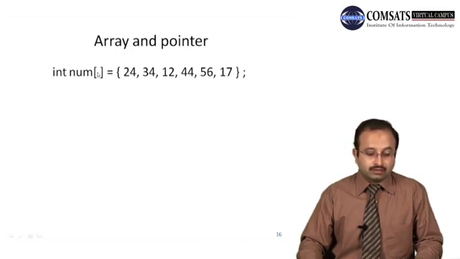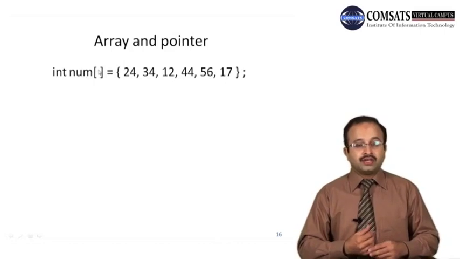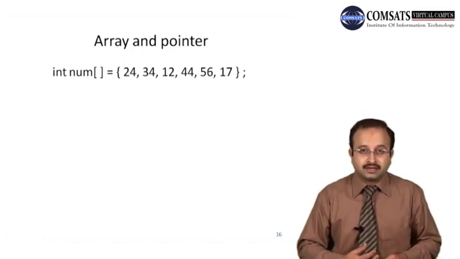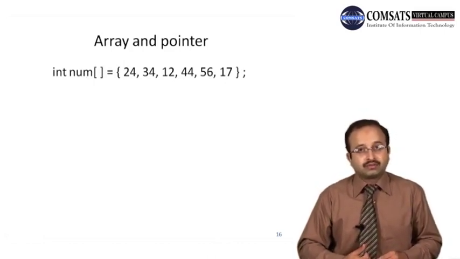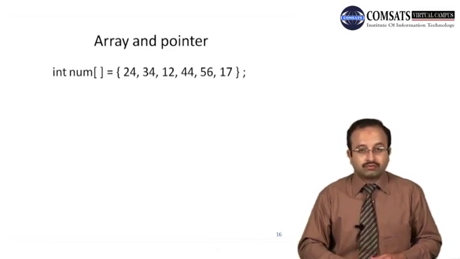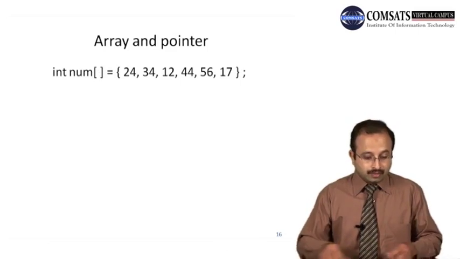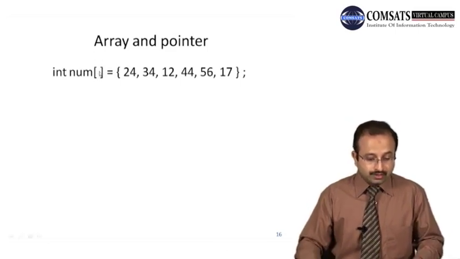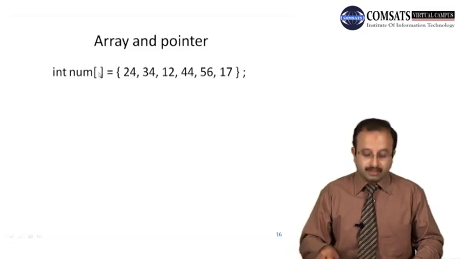This is optional. In such a situation where you are initializing an array at declare time, the size becomes optional. Whether you want to mention it or not is up to you. But if you have to mention it, you should mention 6, right?